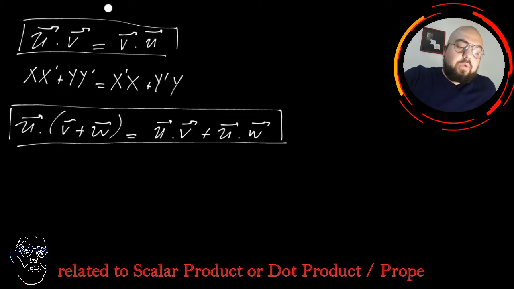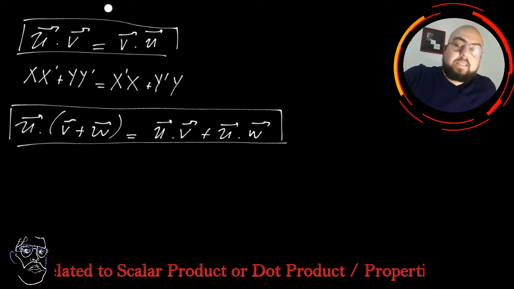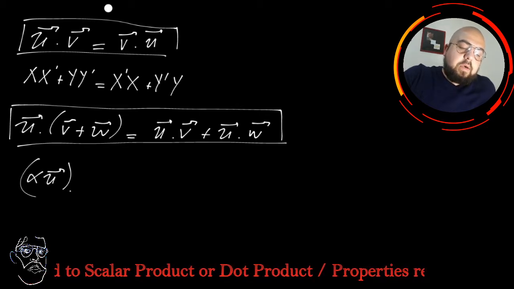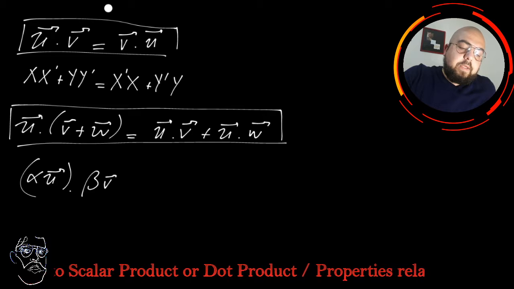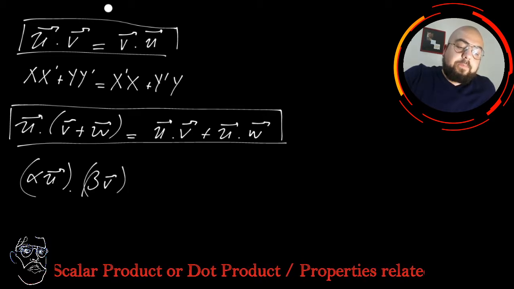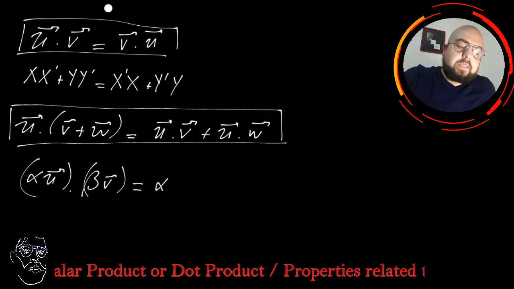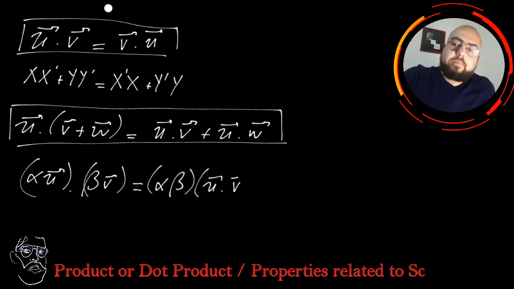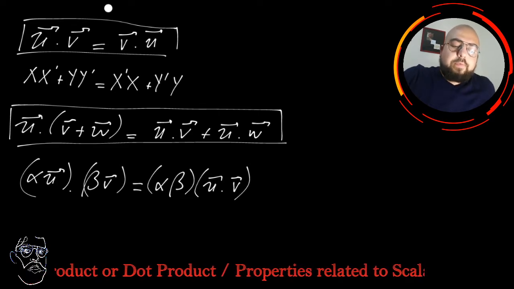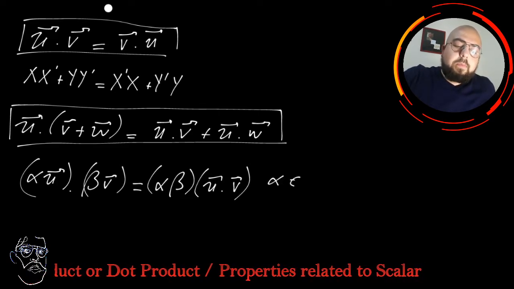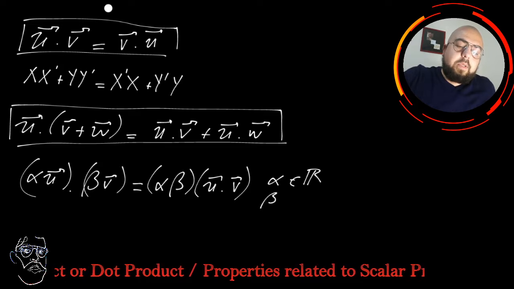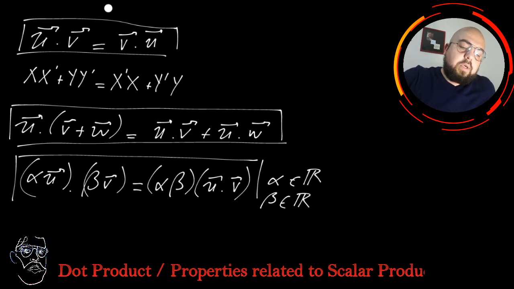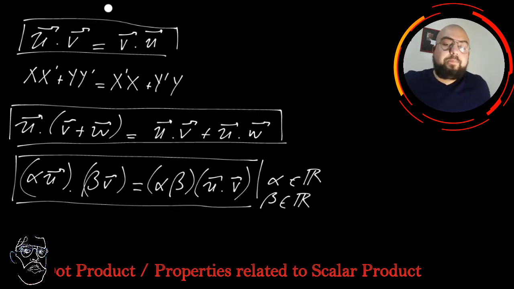And the third property, which, like these, is simple: let's say we have alpha u scalar beta v, and I want to calculate the scalar product. It's very simple. It's alpha times beta times u scalar v. Of course, alpha can be any real number. Similarly, beta can be any real number. So this is your third property.